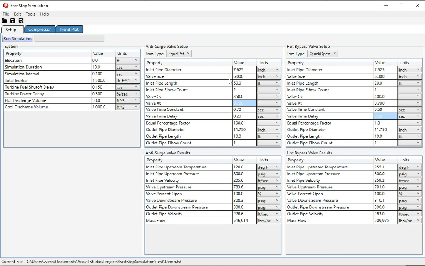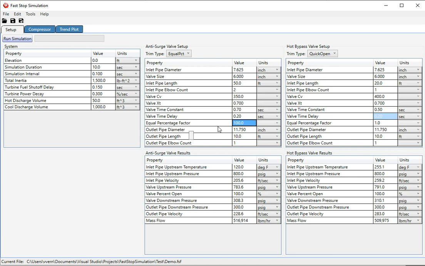So the valve and pipe setup shown here, we've got an inlet pipe. It's an 8-inch heavy wall, half-inch thick wall pipe. Assume a valve size, length of pipe, number of elbows, valve flow coefficient, choke coefficient, and here's the time constant and time delay, modeling how this valve opens in time.